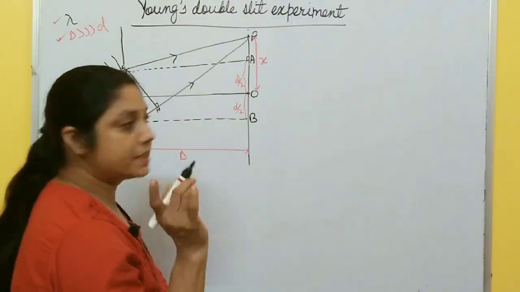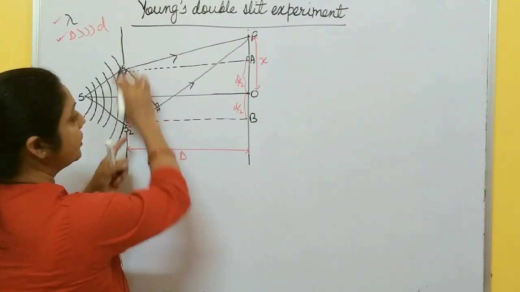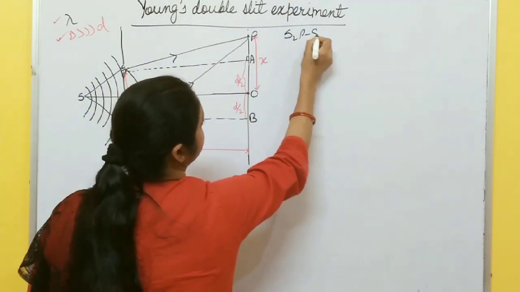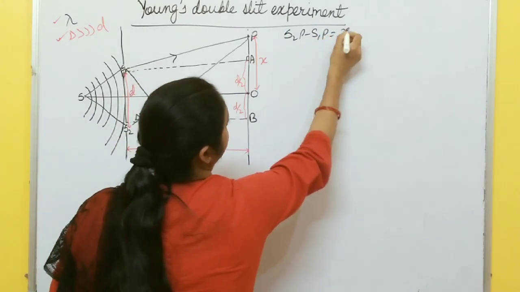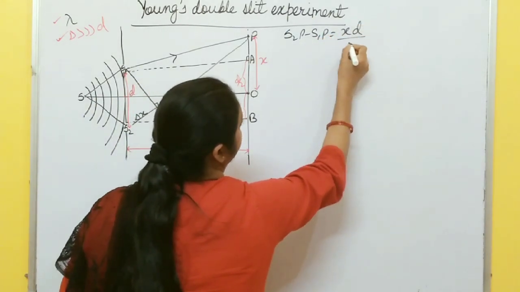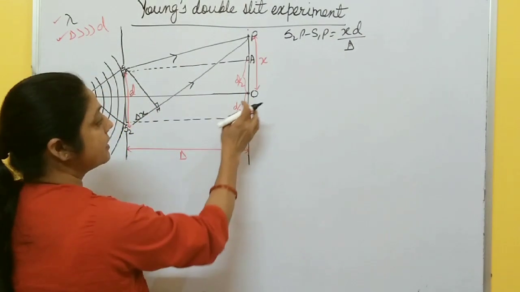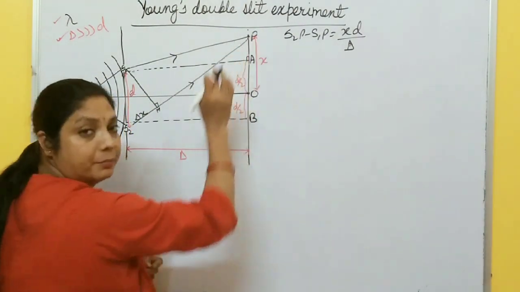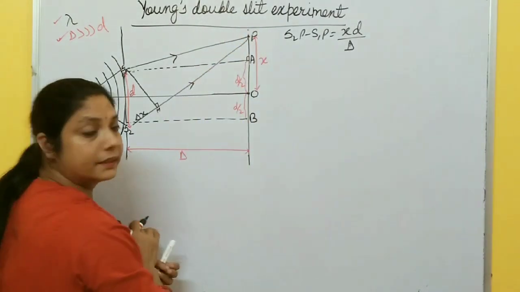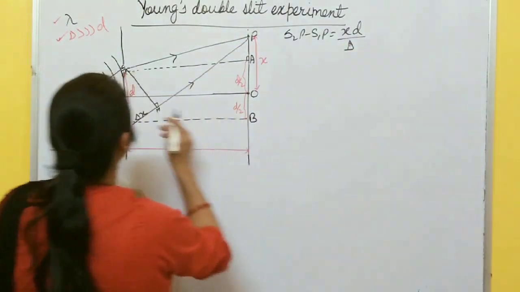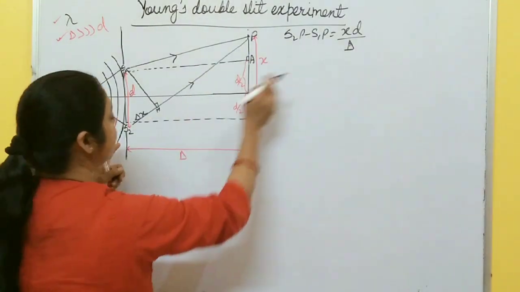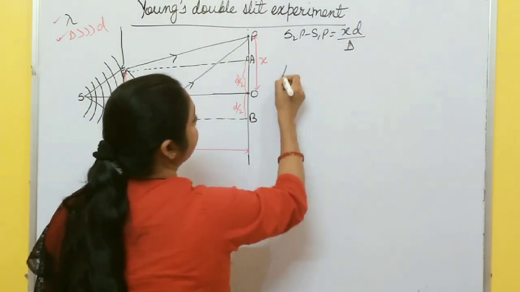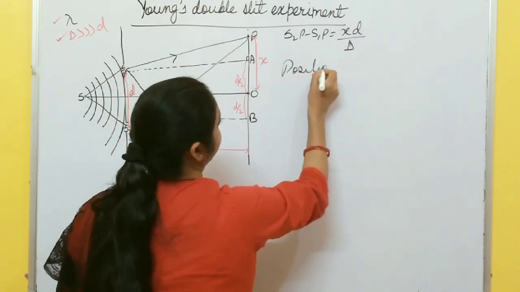This x is the distance from the center of the screen O to point P where we are going to find the condition, right? And this small d is the distance between the two sources and capital D is the distance between source and screen.